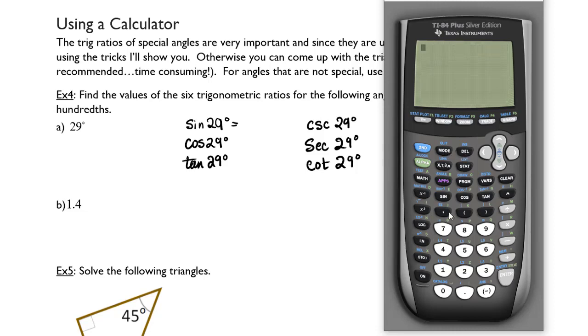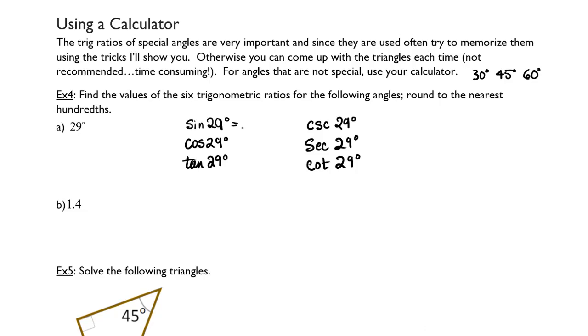And now we can calculate the sine of 29 degrees. So we'll click on sine 29, enter. So the answer to this is saying that we are almost at 1/2. So we'll round this to 0.48, so 2 decimal places.